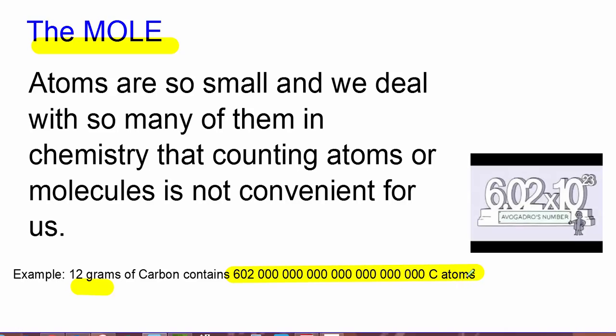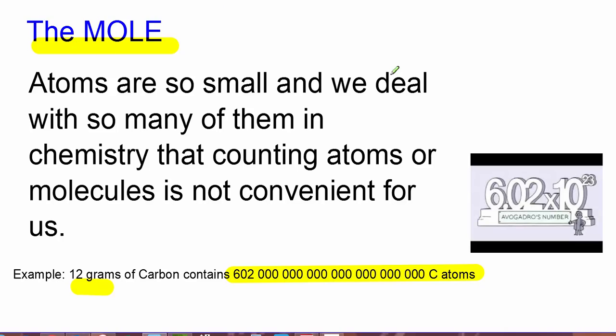That's a humongous number. So you can imagine as we start to deal with bigger and bigger masses of carbon, we start getting astronomically huge numbers of carbon atoms. And that's not a very convenient unit to be working in. So the need for a unit that represents a larger number came early on in chemistry, and hence the mole.